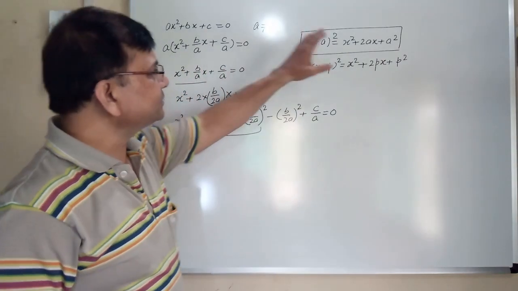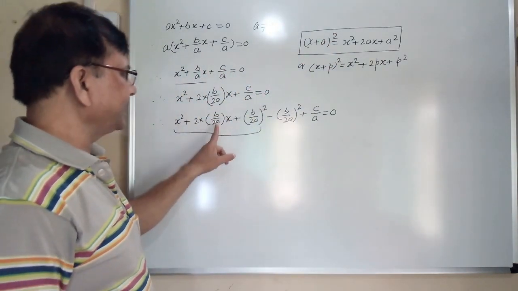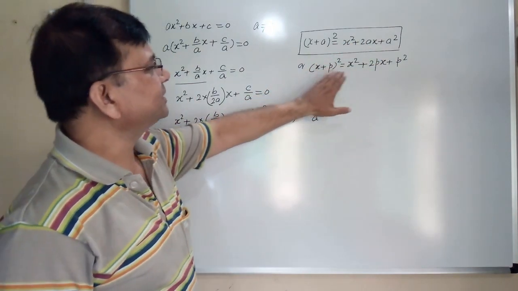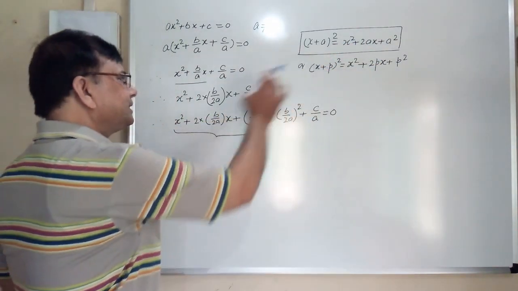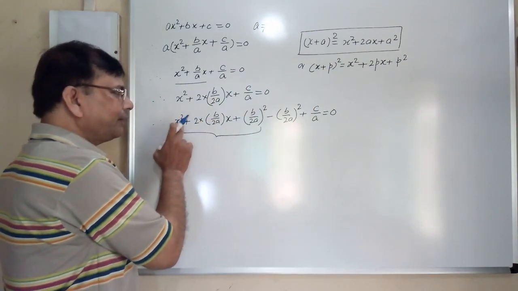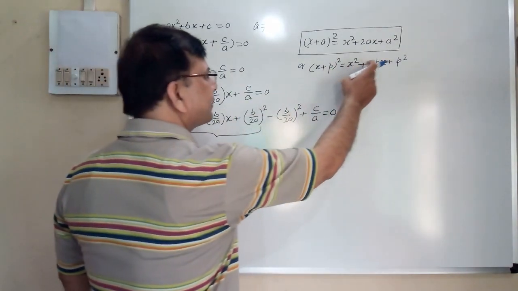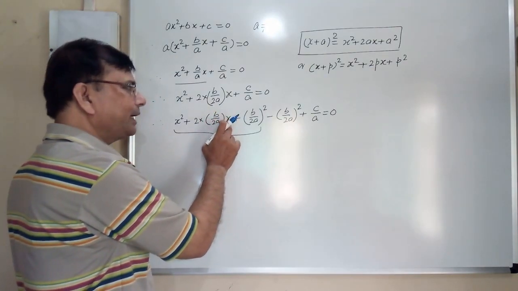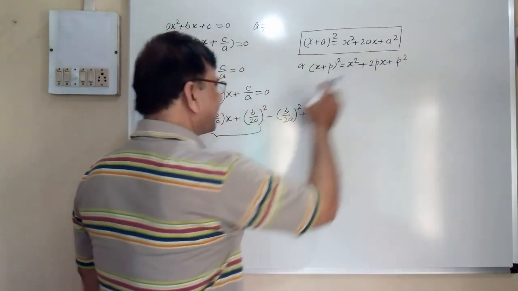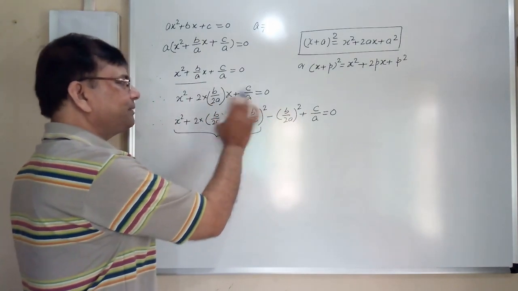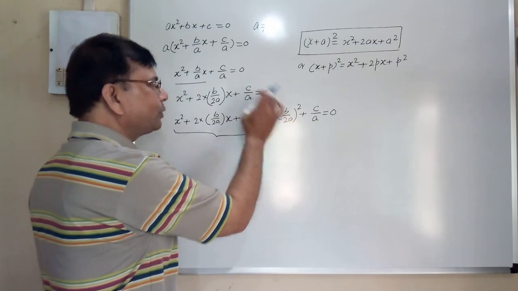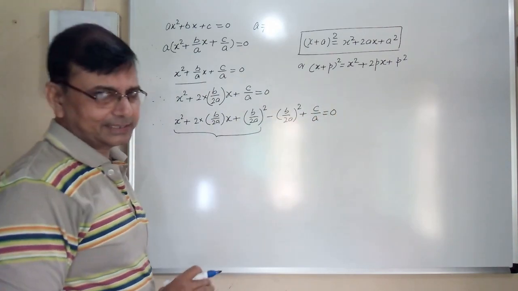To distinguish between this and this, because a is also here, there would be confusion, so I have taken x plus p whole square. Compare this with this one: x square plus 2px, this is p and x is also there, plus p square. If this is p, then this is p square. So this much we have added, this much we have subtracted also, and this c by a as it is.